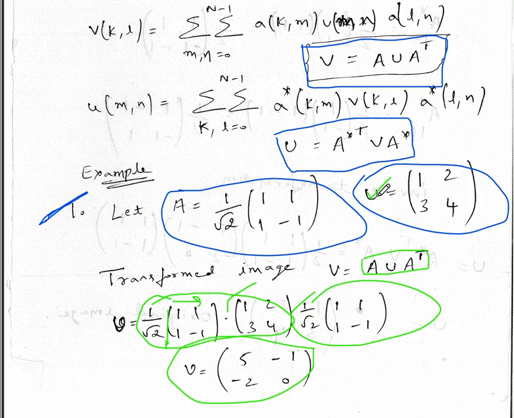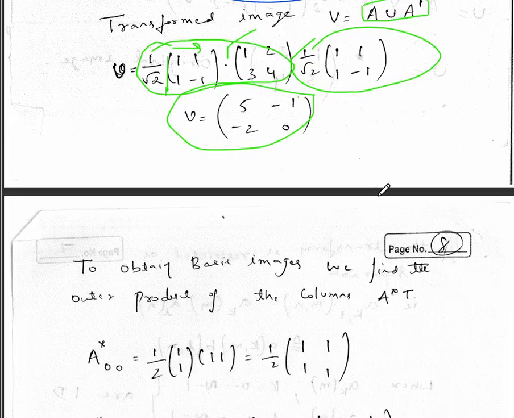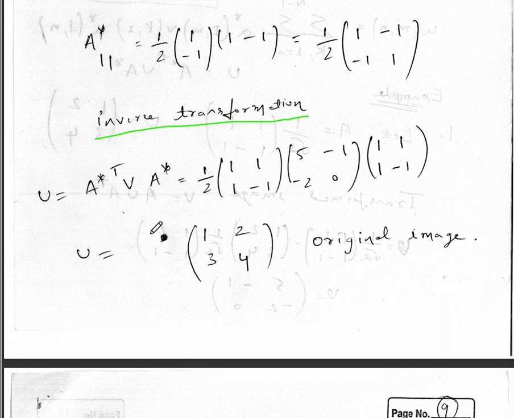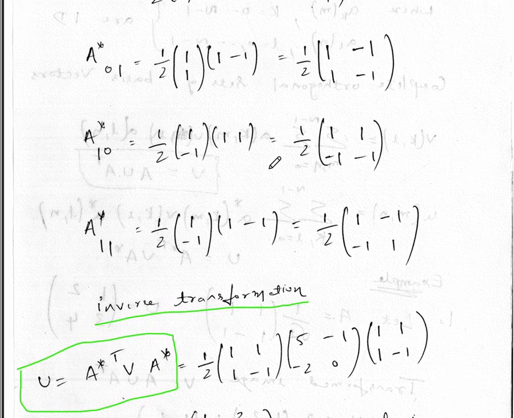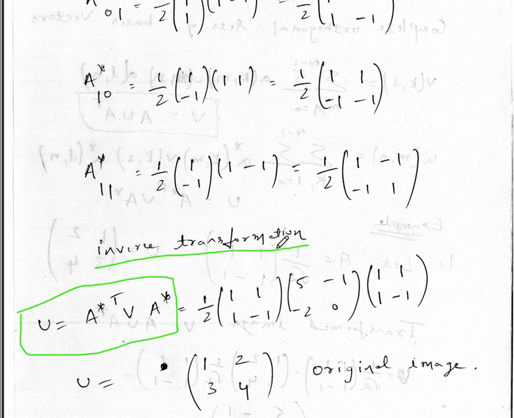If you correctly get the value of U, then you can verify that the whole problem you have solved is correct. So consider the equation U equals A conjugate transpose V A star. Now you'll consider A conjugate transpose, 1 by 2 of [1 1; 1 −1]. After that you'll replace the V value.